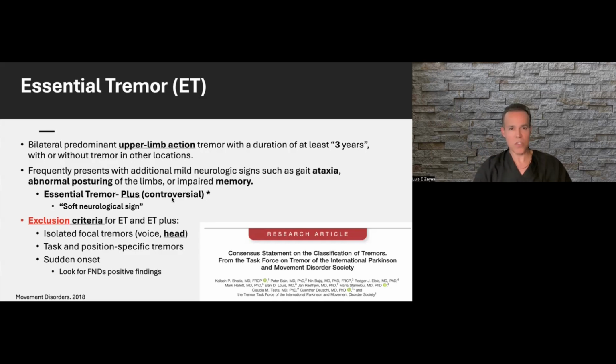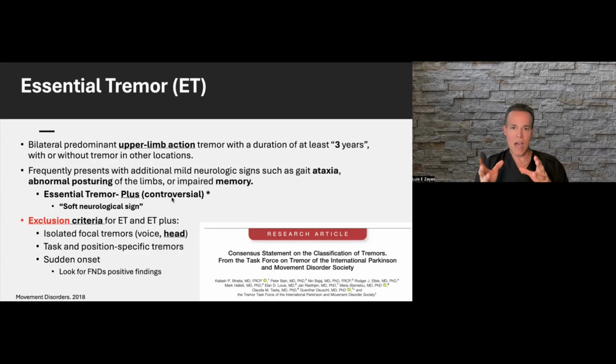It's not just tremor. There are many patients with essential tremor who have some dystonic posture, but not enough to call it dystonia, like the patient that I showed you in the videos, okay?